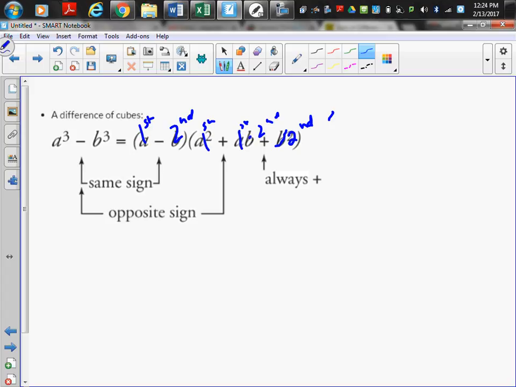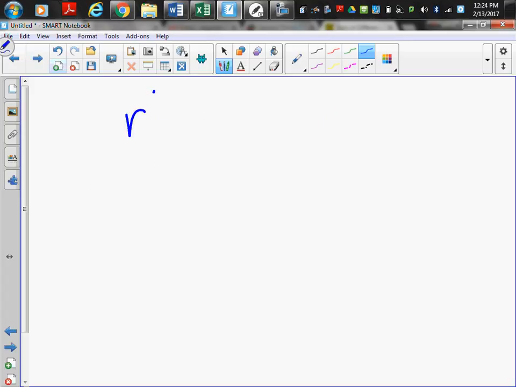All right, so let's look at this one, the difference of cubes. So I have r cubed minus 8. This is difference. All right, so you start off, you factor each piece, first piece and the second piece. So r cubed is r times r times r. 8 is 2 times 2 times 2. So the first piece is r.